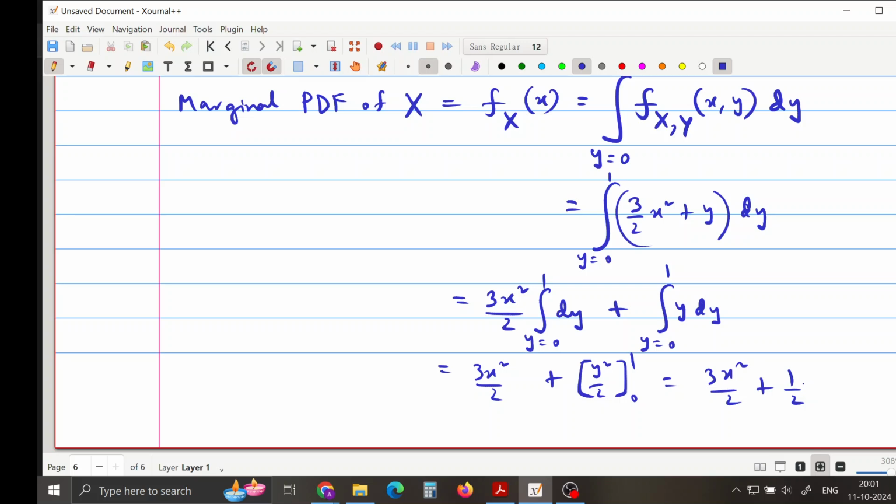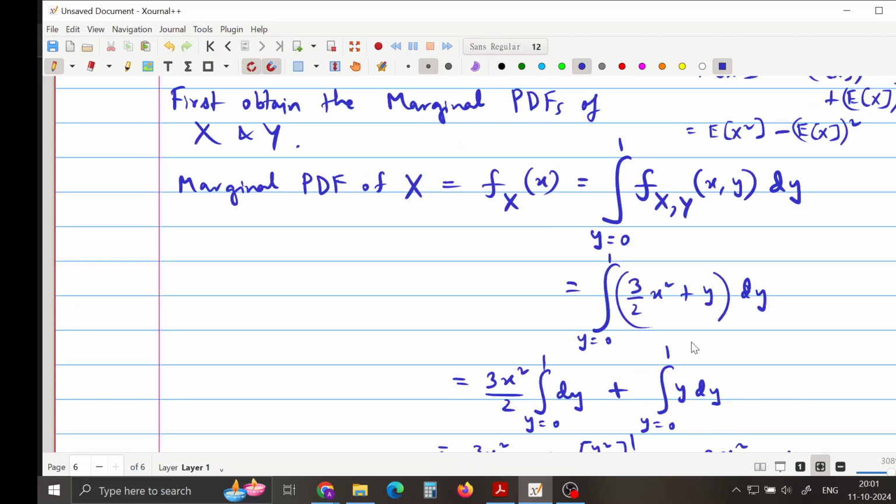And this is also true when x is from 0 to 1, because the joint PDF is of this form only when both x and y are lying between 0 to 1, right?